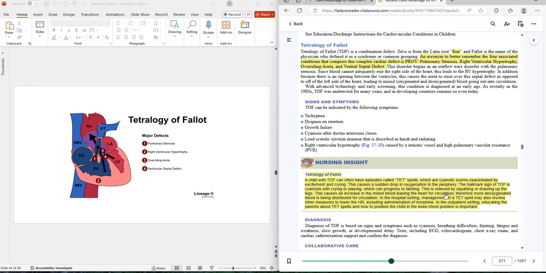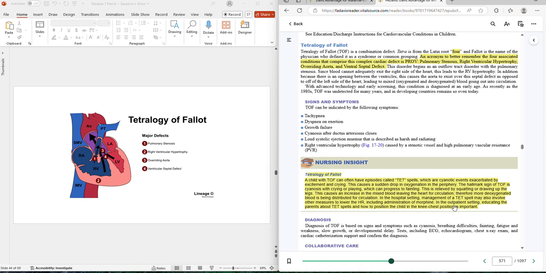They relieve this by drawing up their legs or squatting. Okay, that gets the blood back to the heart by decreasing how far it has to go. They think squatting down is helping that. It's increase in mixed blood leaving the heart and circulation, so deoxygenated blood is going back into the peripheral system.